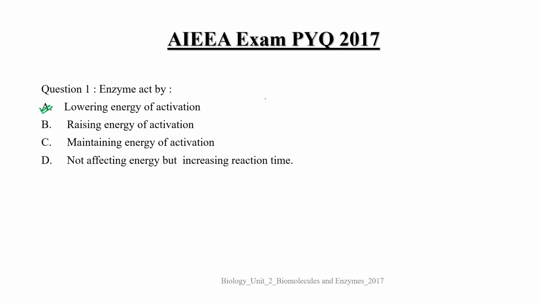This is the energy which is required to start a particular reaction. This is the function of an enzyme, which acts as a biocatalyst. So choice number 1 is the correct answer: enzymes act by lowering energy of activation.